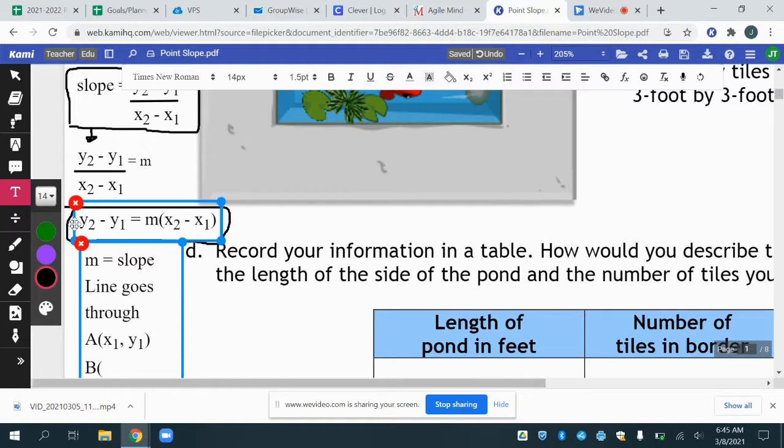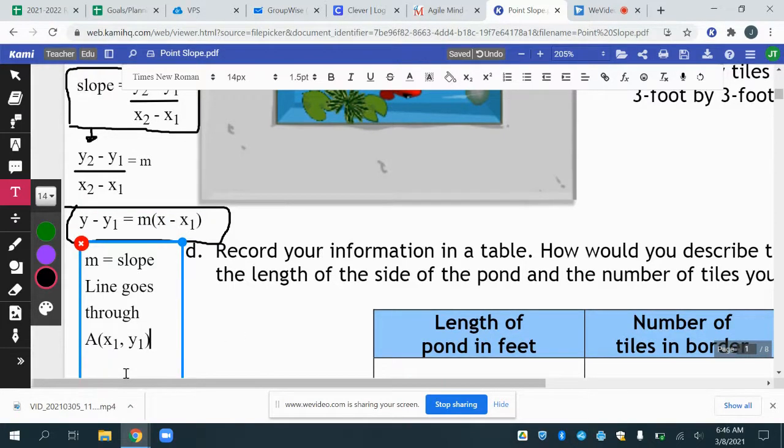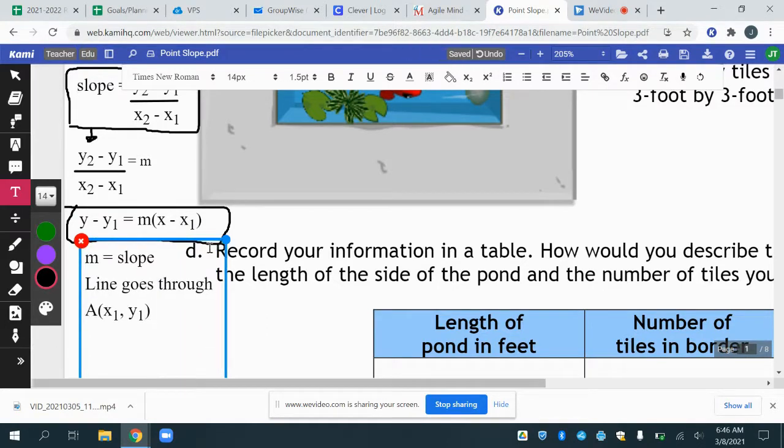There are two points that it goes through, and then there's the steepness of it. Now the cool thing is, it doesn't matter which two points I go through. In this formula, we don't really care what the other point is, because if we know how steep it is, it'll go through that other point. So I've got my one point, and I don't need another one. And that right there is the finished formula. That's what it looks like in finished form.